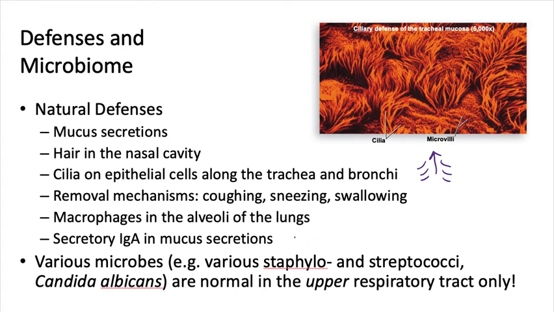Same thing with macrophages. And then all of these would be first line host defense mechanisms. There are microbes in the respiratory tract, but only in the upper respiratory tract. So the trachea, the bronchi, and the alveoli of the lungs should be sterile in a healthy individual.